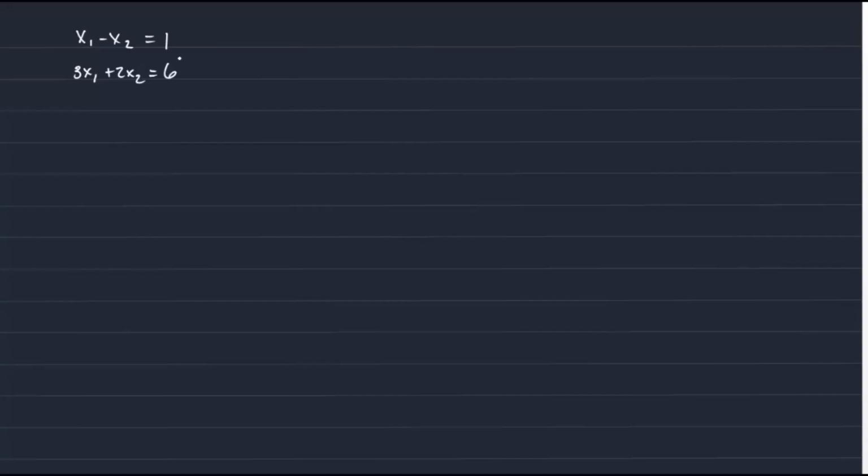Those were our two equations, and we could express that system as 1, that's the coefficient here, and minus 1 here, and the constant term on the right-hand side is 1, and then we have a 3 and a 2 and a 6. So we're representing our full system in this matrix notation.